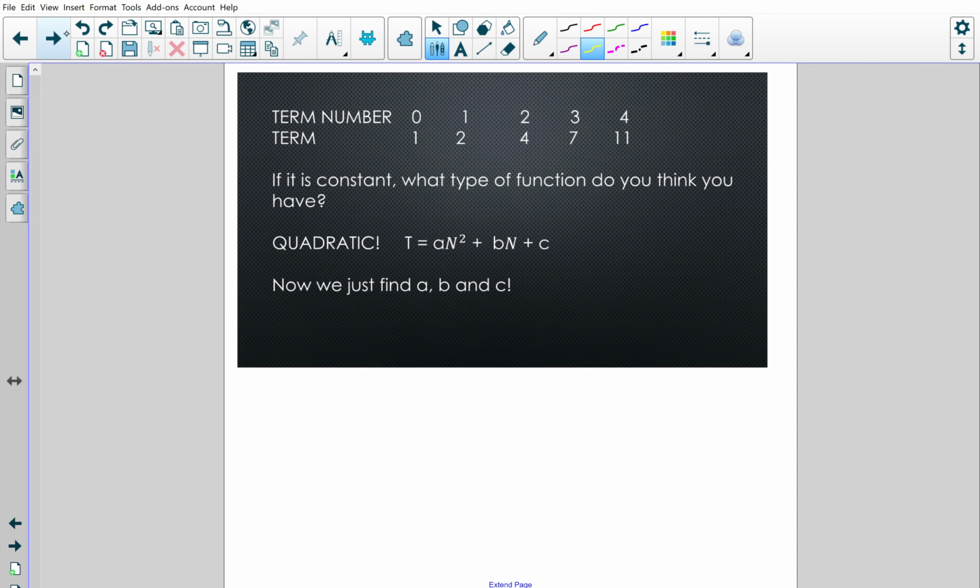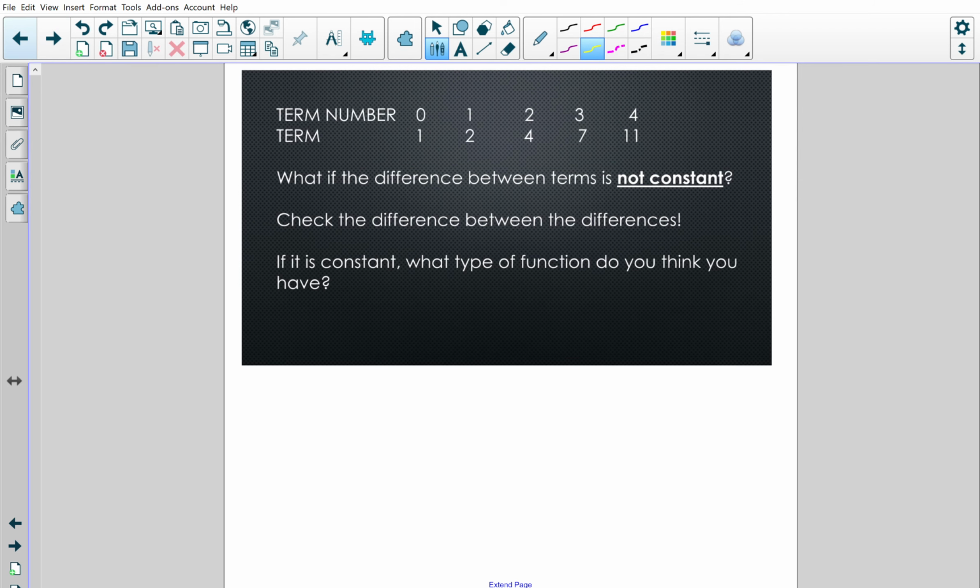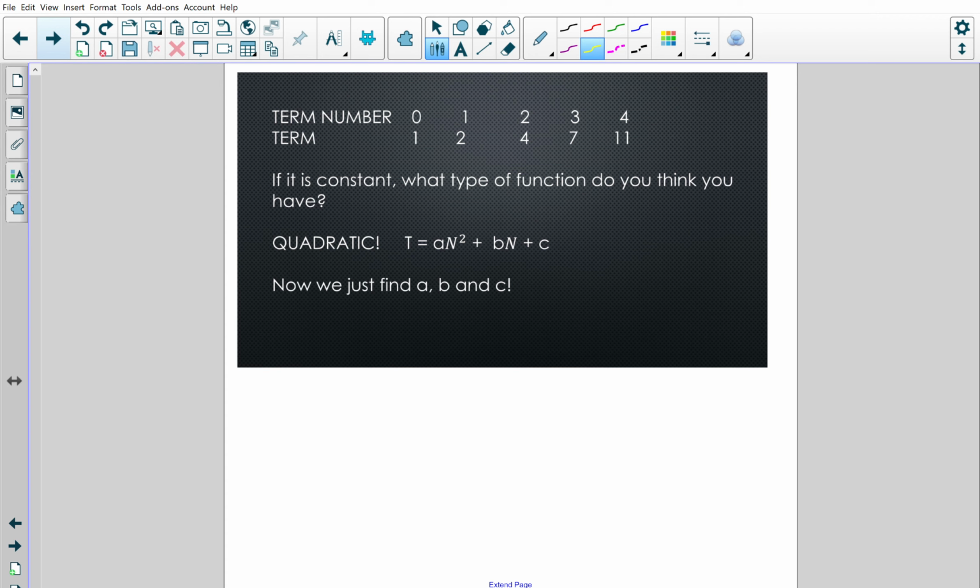Substitution, elimination, whoops. Okay, if the difference between the terms is not constant, you can check the differences between the differences and see if it's constant. For example, this one. Okay, so you look at those differences, 1, 2, 3, 4, and you'll see a difference of 1 there.